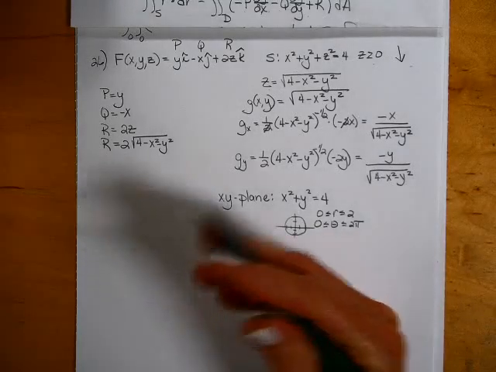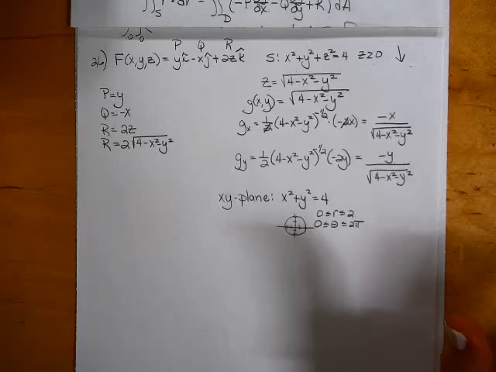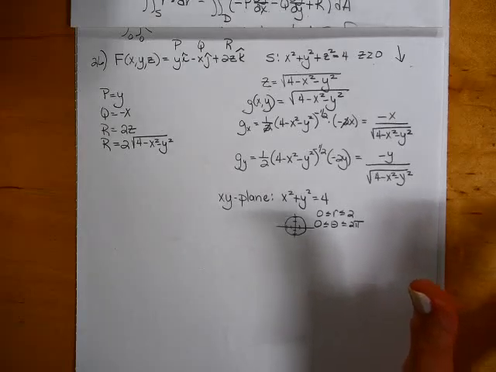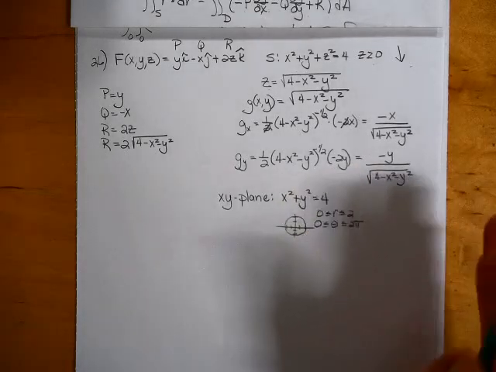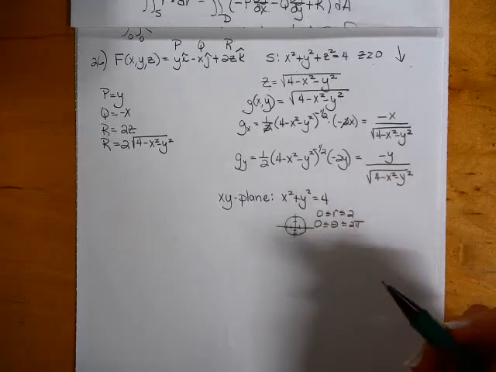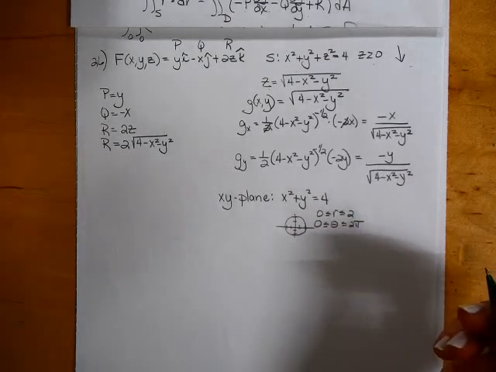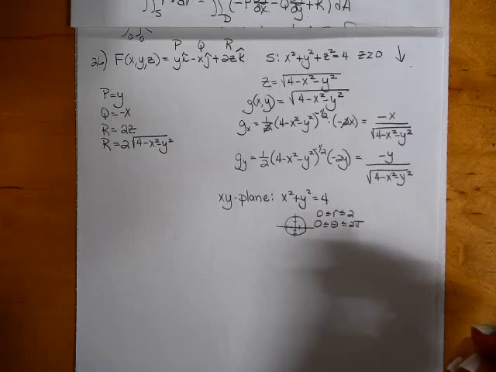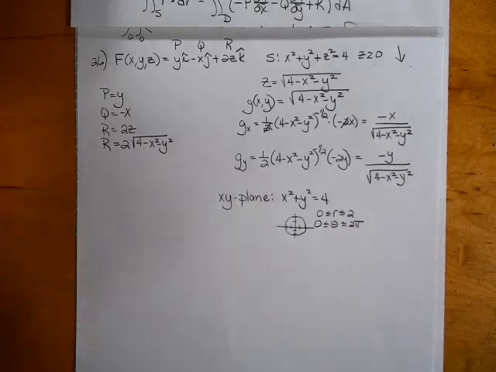So when you change everything to polar coordinates, you've got to get rid of your x's and y's, and you have to add an extra r in your problem because you're changing to polar coordinates, remember? Okay.